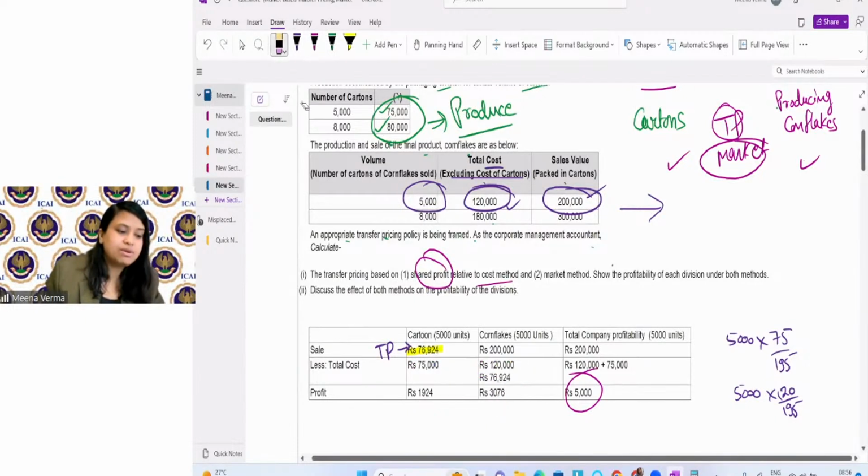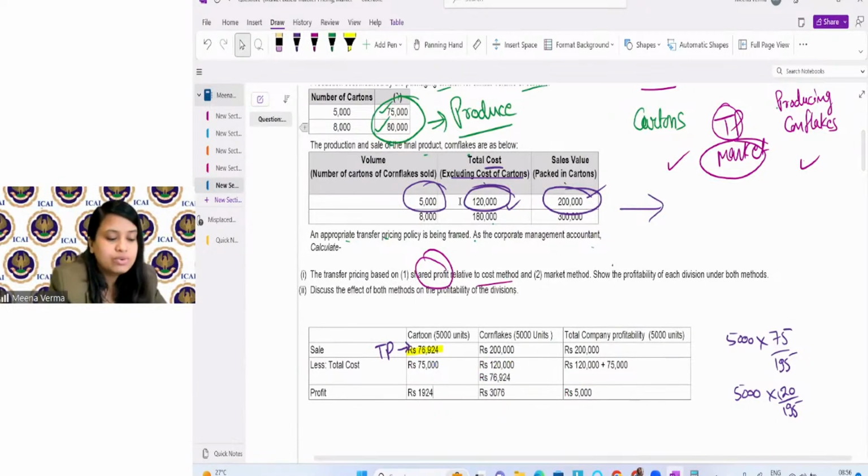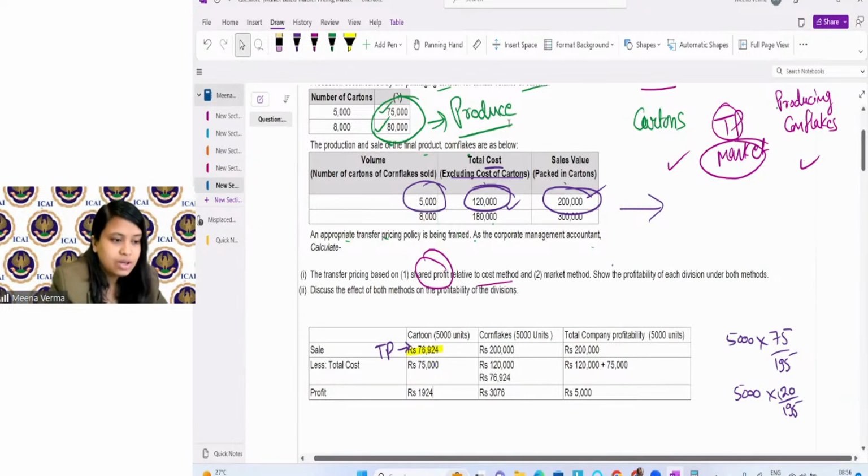Asha, you can do the same thing when we are selling how many units? 8,000 units, right? We can do the same thing when we sell 8,000 units. Now I'm doing the same thing when we are selling 8,000 units.